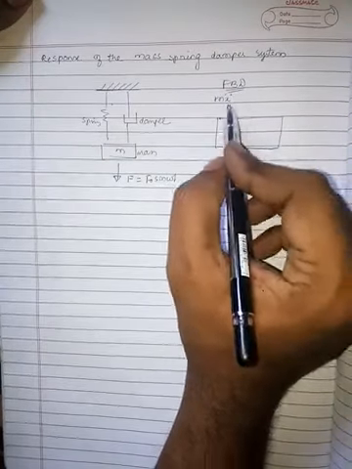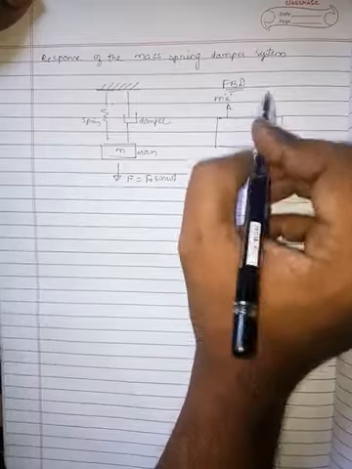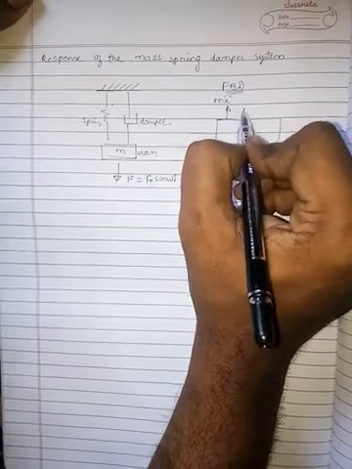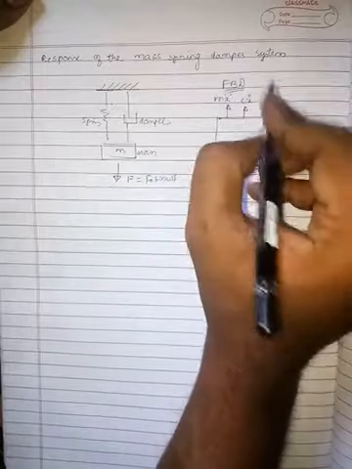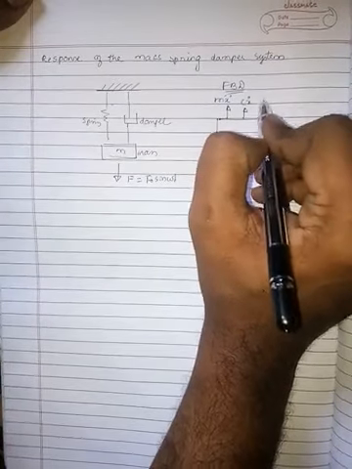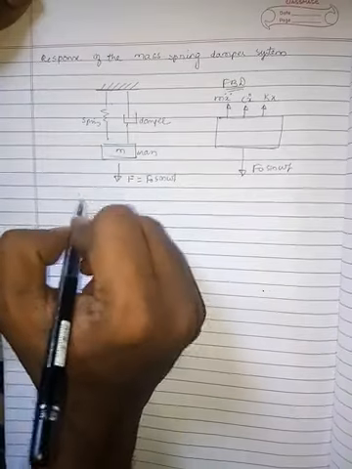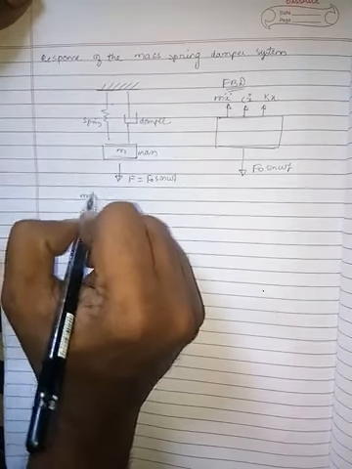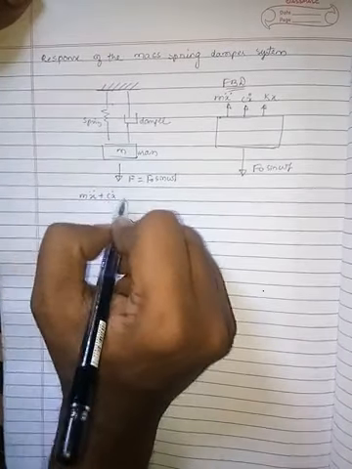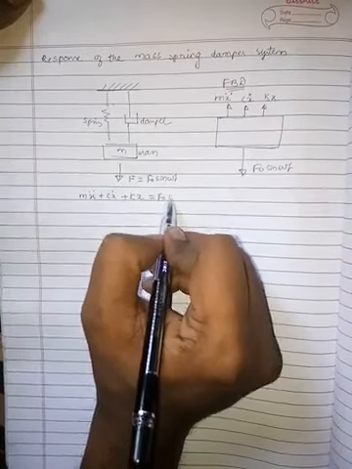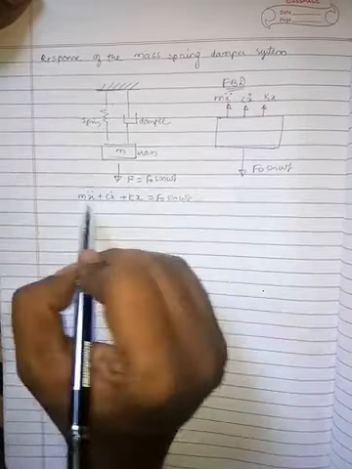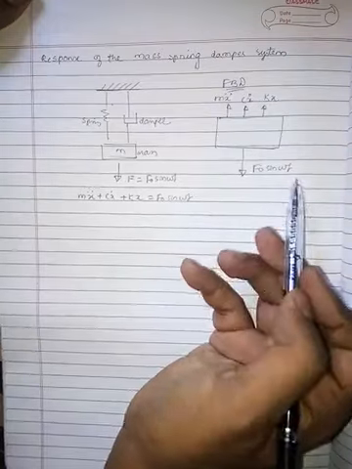So this m x double dot is the inertia force here, and c x dot is the damping force, and this is the spring force. For equilibrium condition, let us say m x double dot plus c x dot plus k x is equal to F0 sin omega t. All the upward forces are equal to the downward forces.